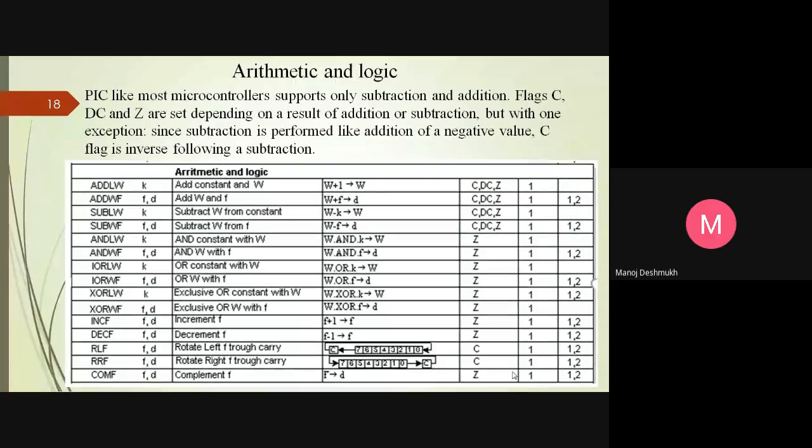Roll number 3. Present, sir. 4. Present, sir. 5. Yes, sir. Roll number 6. Yes, sir. 7.